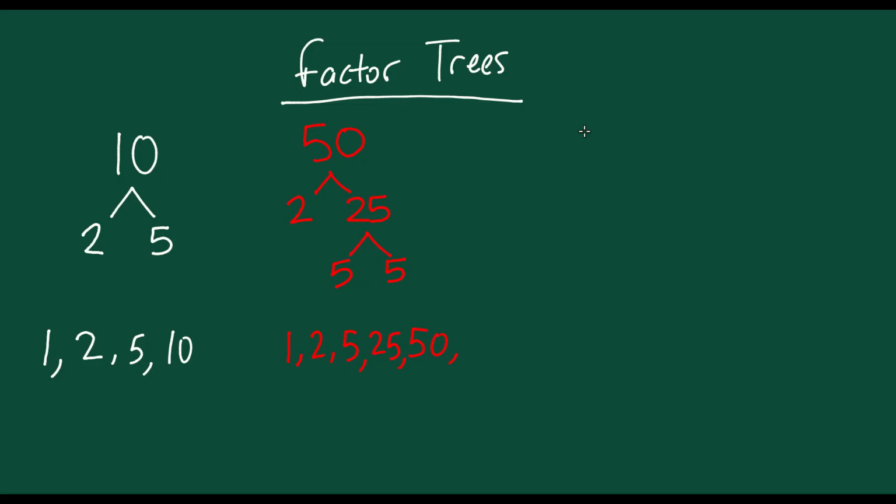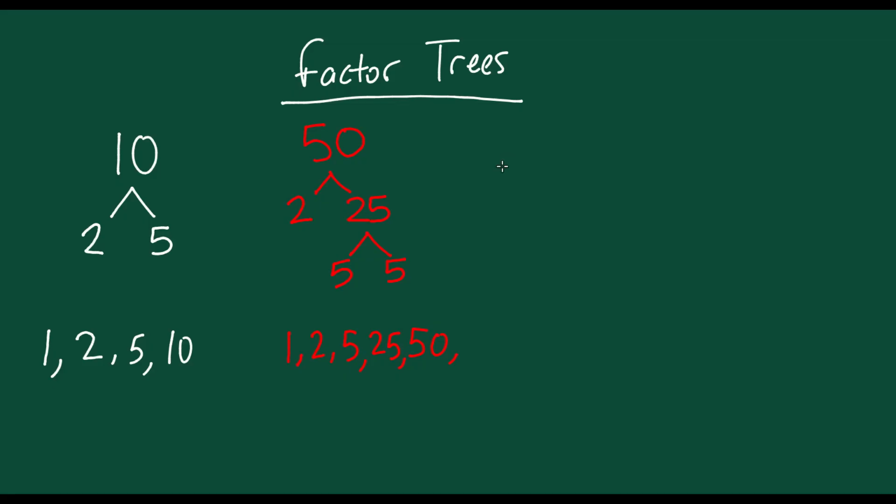And you can see, if we compare 10 versus 50, what a big difference the factor tree is. We have another layer added, right? This is just one layer under. This is 2 layers. And then our list, it can grow a little bit more here into, instead of 4 pieces or 4 numbers, we have 5.